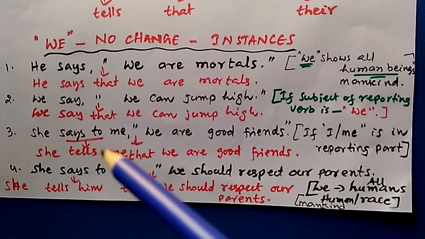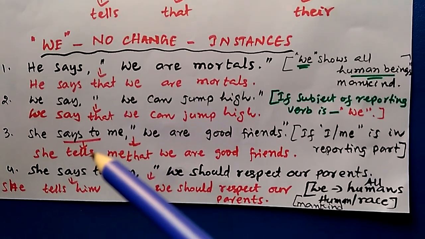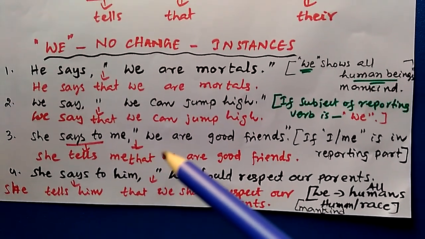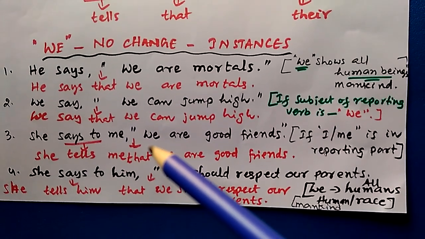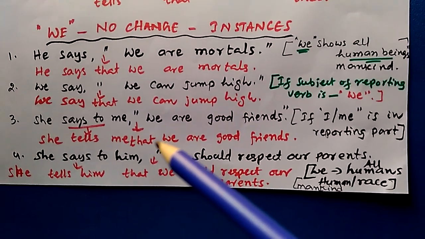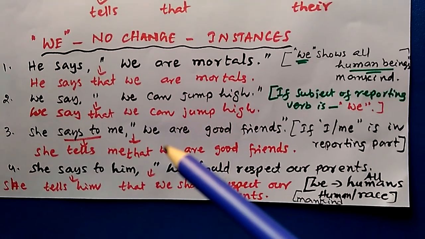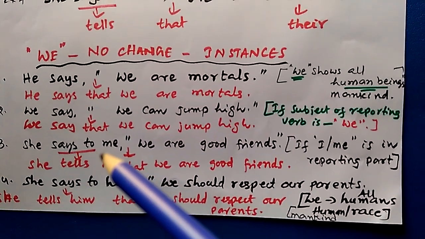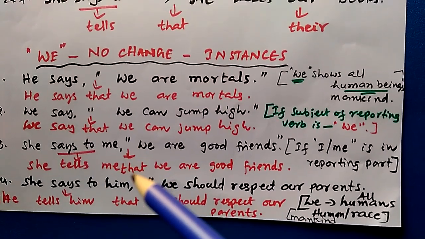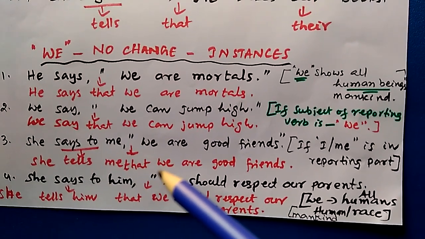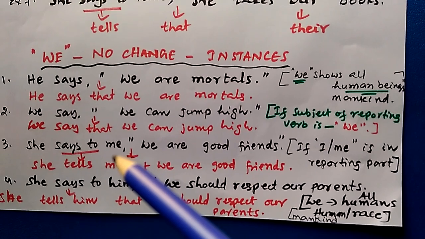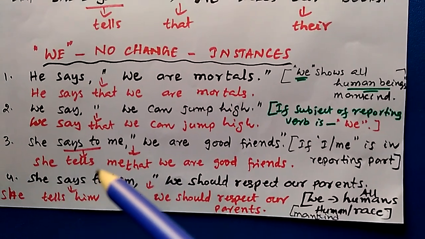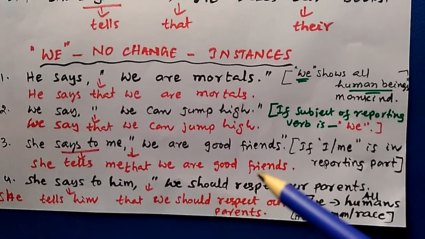So when we find I and me in the reporting part, those I and me will be included in the we in the reported part. So here we cannot be changed. Says to becomes tells, inverted comma becomes that. We here cannot be changed because me is there in the reporting part. So we get the answer: she tells me that we are good friends.